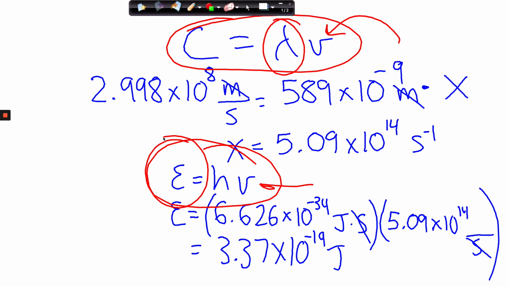Who came up with those equations? Yeah, so interesting. So that first equation, C is equal to lambda nu, that was an established equation because that doesn't just describe light, it describes any wave. So it describes sound.